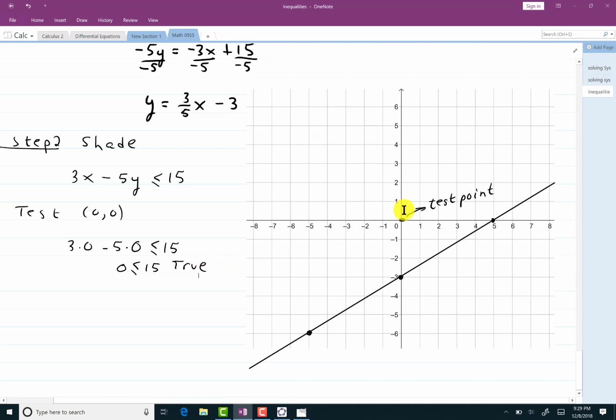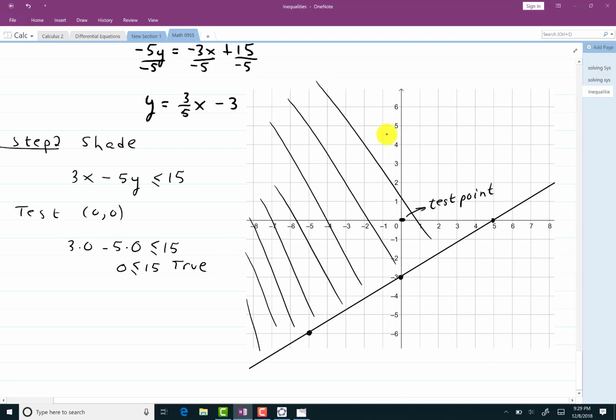What that means is not only is 0, 0 a solution, you can plug it in and see, every single point above the line is also a solution because it's on the same side as 0. So what I do is I include shading, something like this, to indicate that all of these points above the line are solutions.